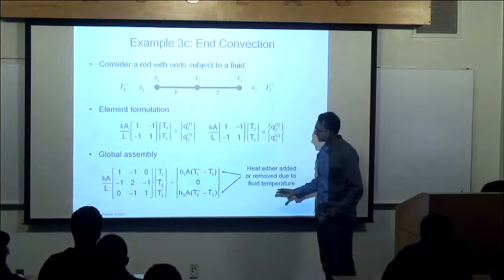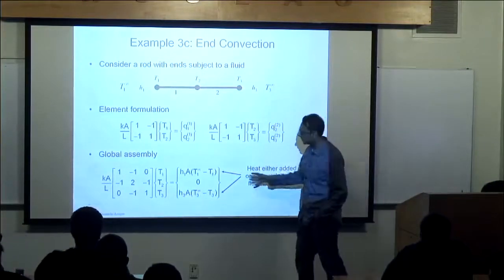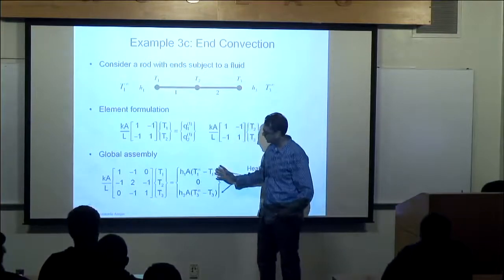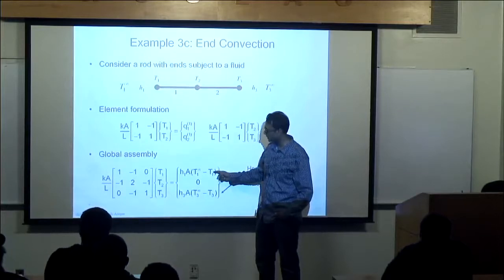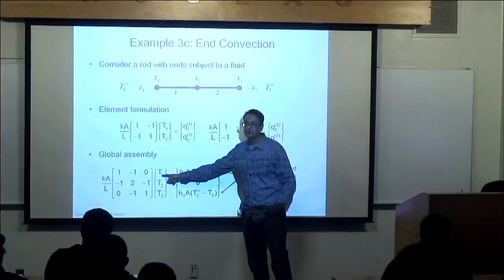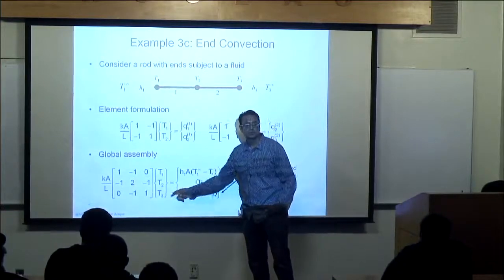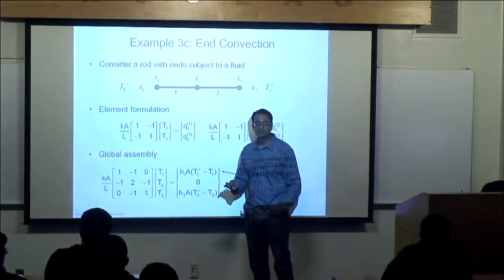Okay, this is great, but there's a problem. When I assemble it and I have this great equation, T1 shows up here and shows up there. And T3 shows up here and shows up there. So this is what is called a mixed boundary condition.